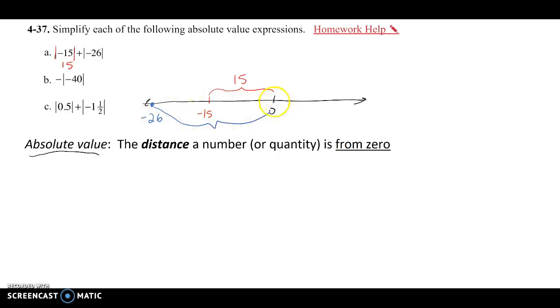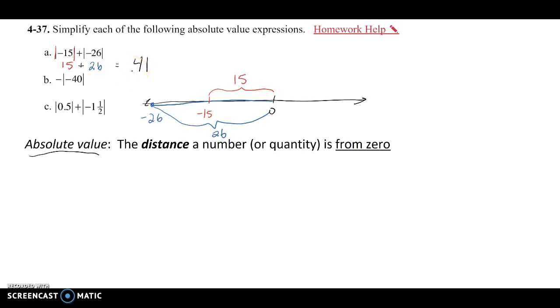This distance here is 26. So we're at 15 plus 26, which is 41. So the absolute value of negative 15 plus the absolute value of negative 26 is 41.